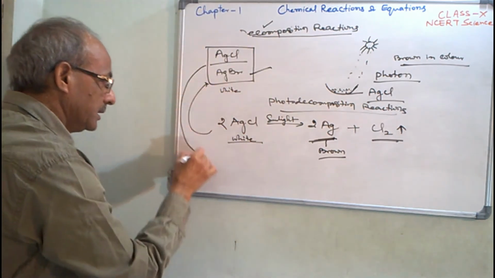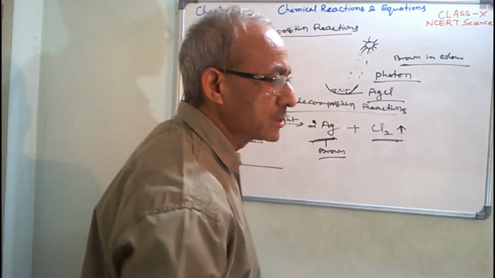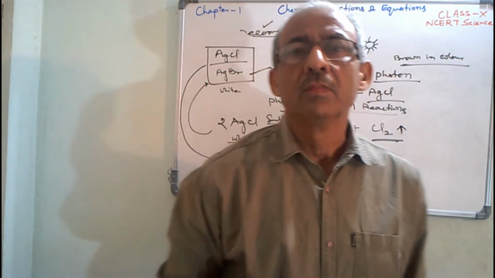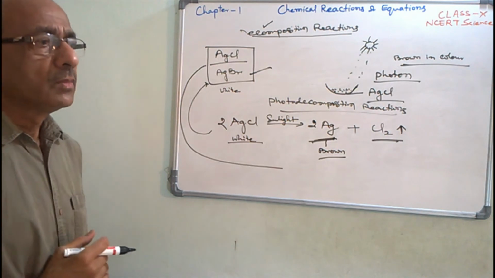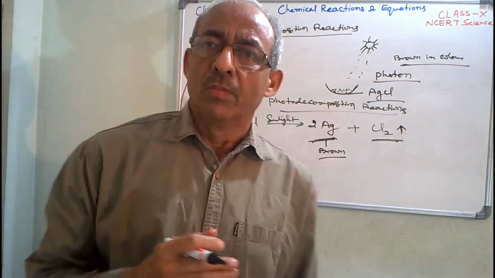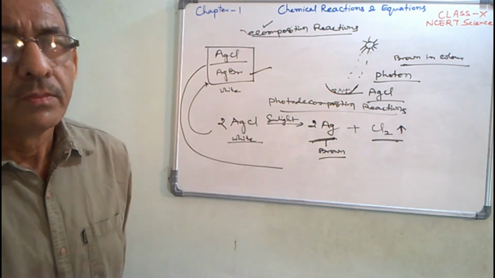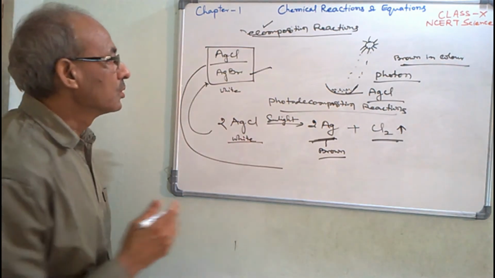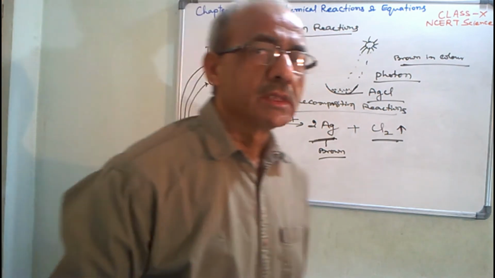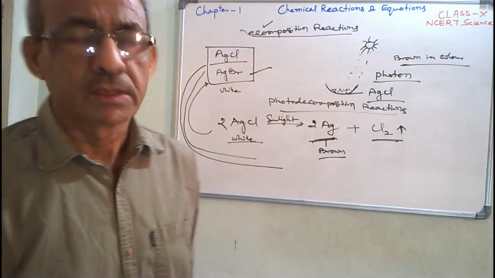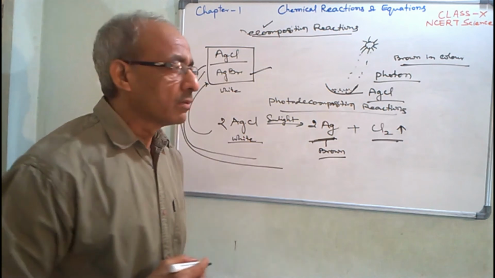And these photochemical reactions are commercially utilized for black and white photography. This chemical decomposition reaction in the presence of sunlight is utilized in black and white photography.